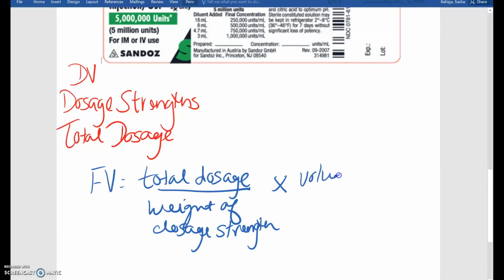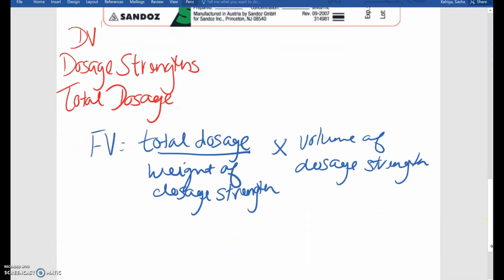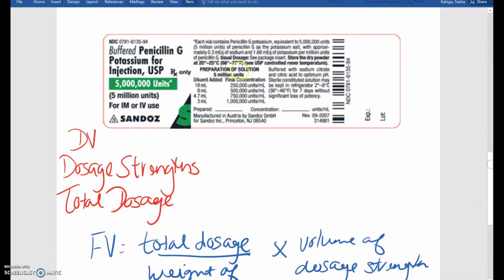The volume of the dosage strength. So if you think about it, for each dosage strength here, you're going to get a different final volume for each one.